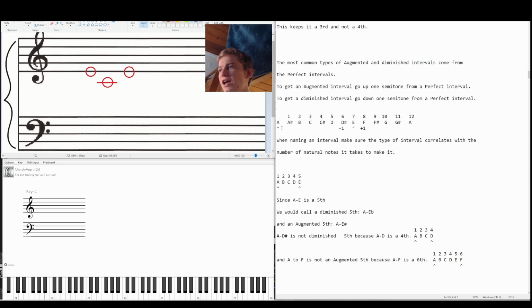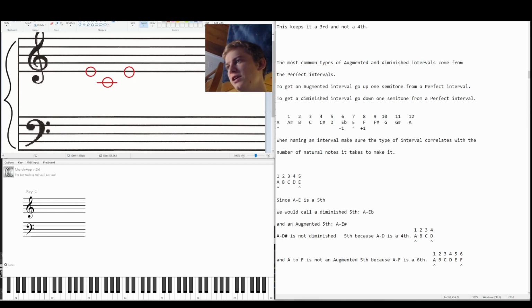Okay, so we have our A to E, and we're going down one. Since we go from E down one, if we land on D sharp, that's no longer a fifth anymore. Because A, B, C, D, that's now a fourth. So if we want to make this D sharp the quality of an actual fifth, we'd have to call it something different. So what could we call it?